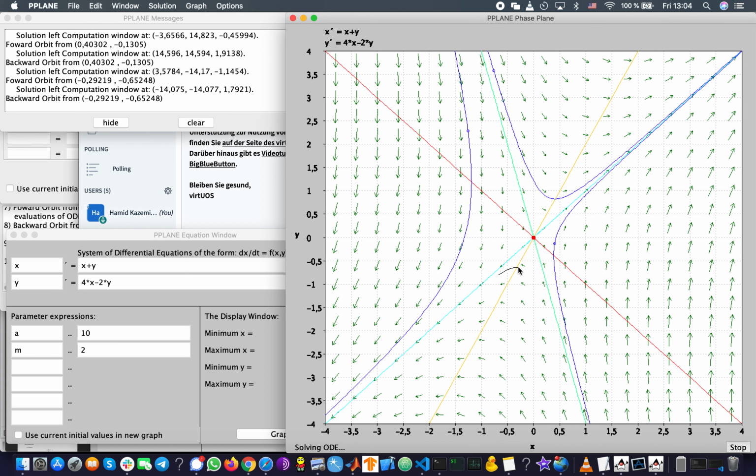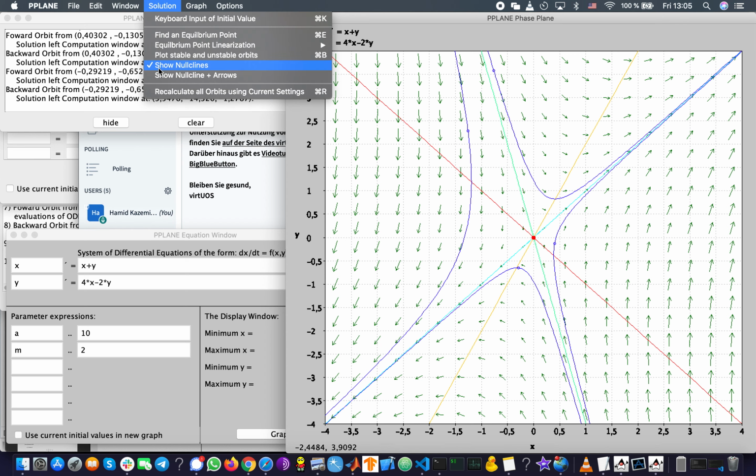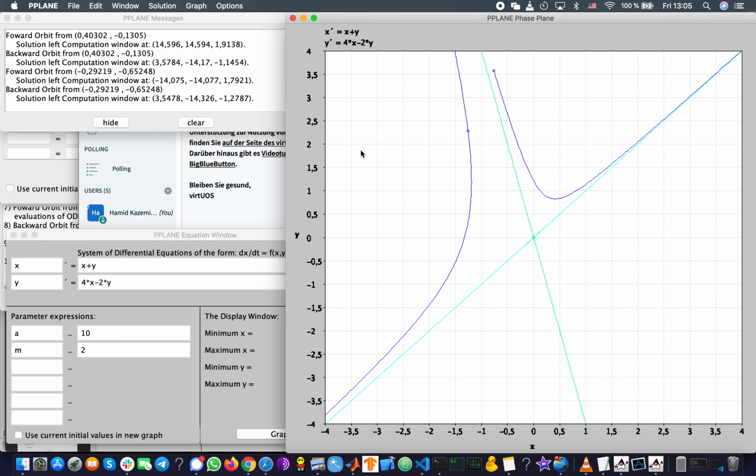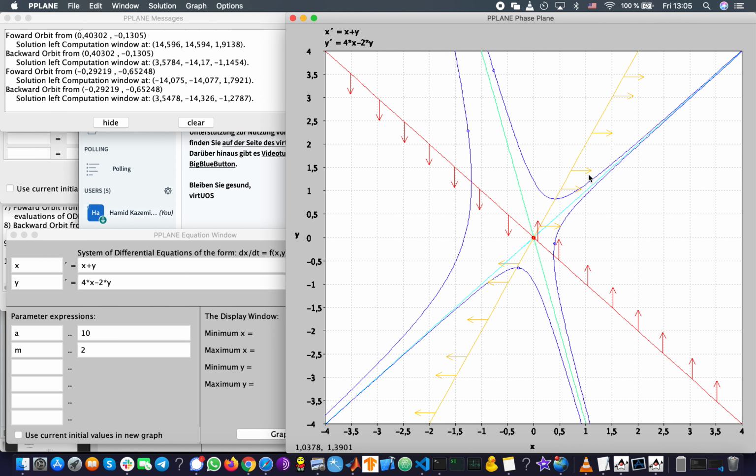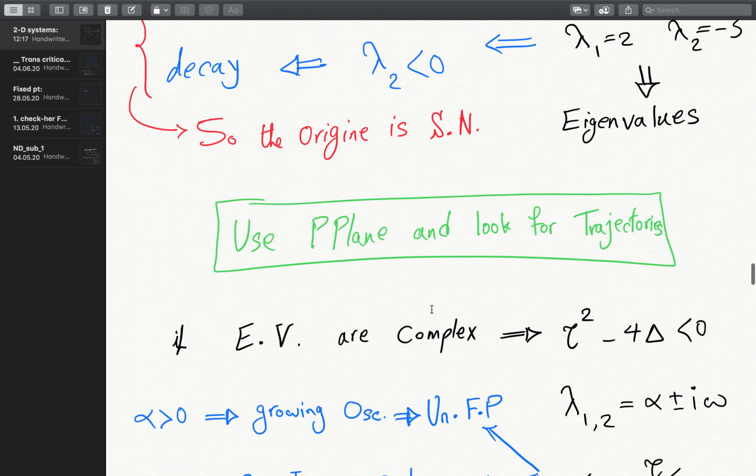You have 4 different regions here, right? So this is if I want to show the null lines with arrows. These are the arrows, and you can again see that it's repelling from the origin, which is a definition of saddle node. Therefore it is a saddle.